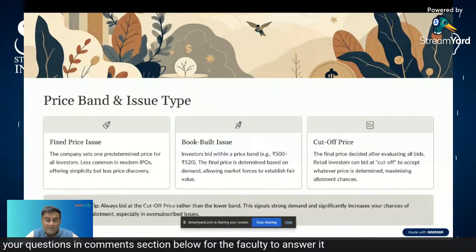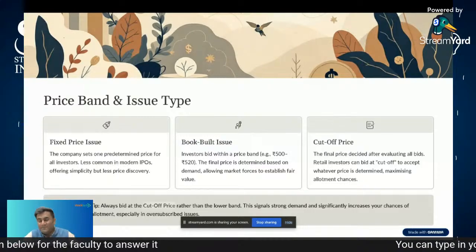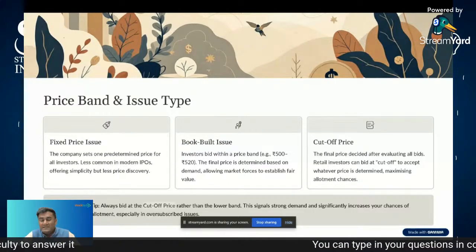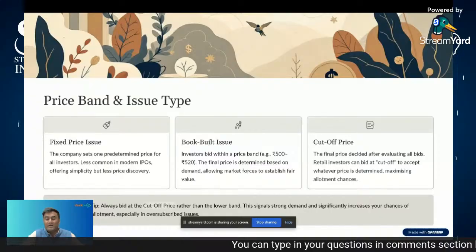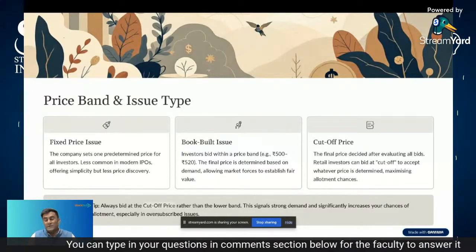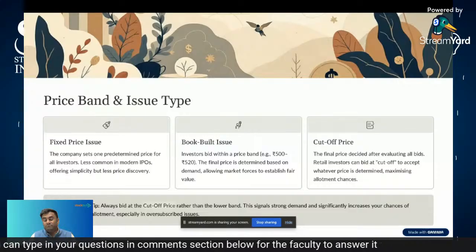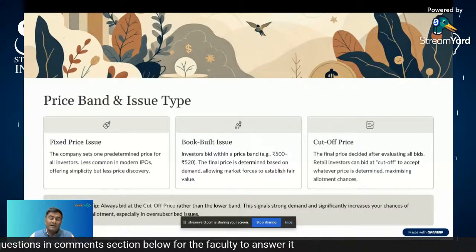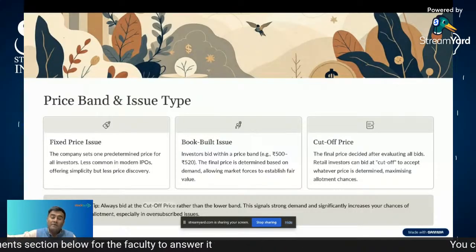So investors bid within a price band, example 500 to 520, and the final price is determined based on demand, allowing market forces to establish fair value. So normally people prefer to apply at the upper band.